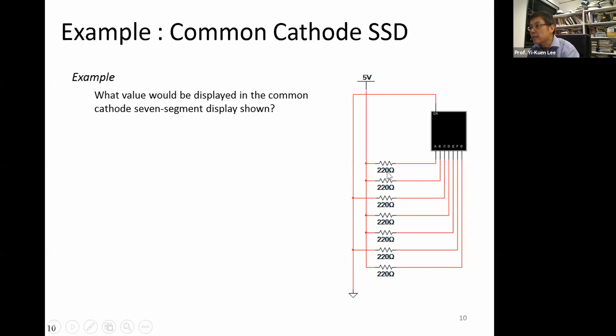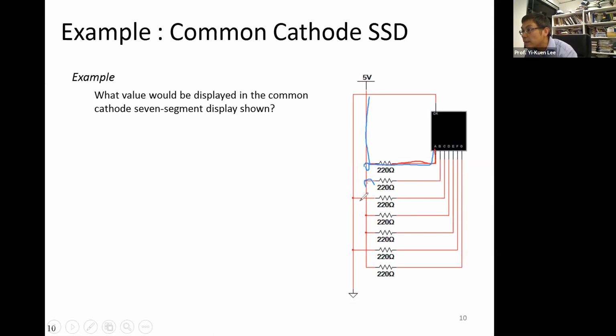So in this case, if you connect in this way, what do you see? What kind of output do we have? A connects to 5 volt. B is 5 volt. C is 5 volt, right? And then D, oh, we have to be careful.